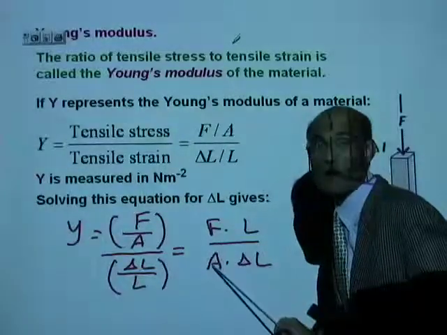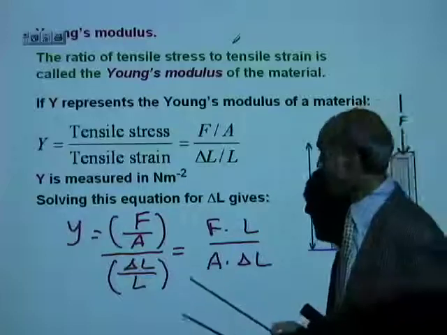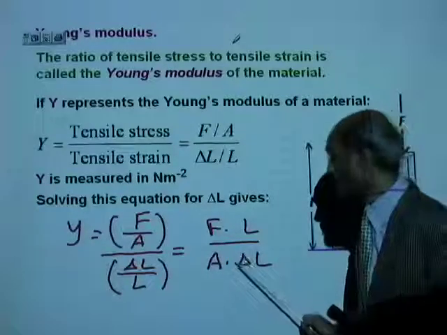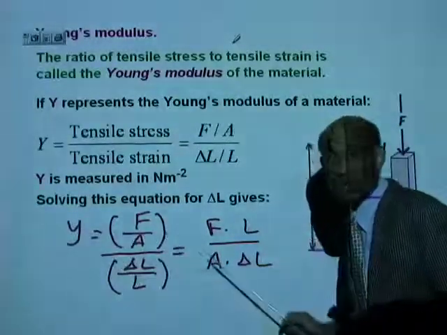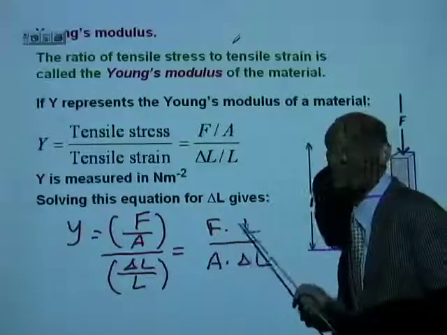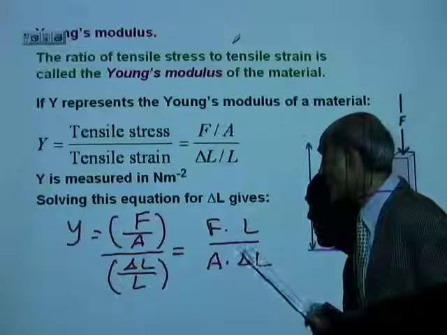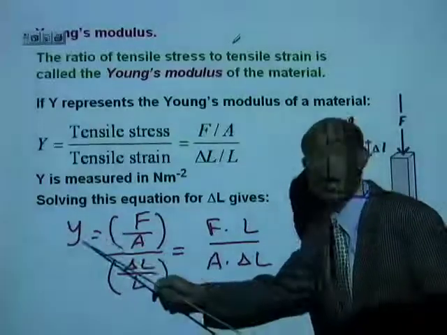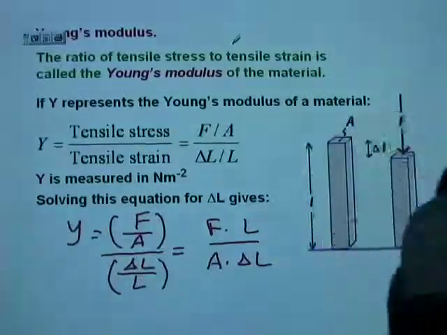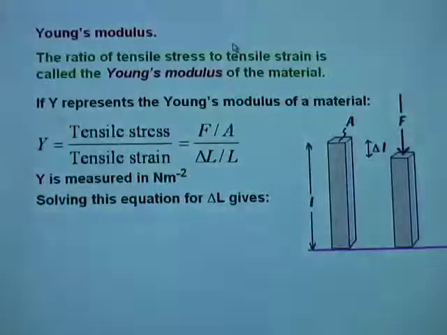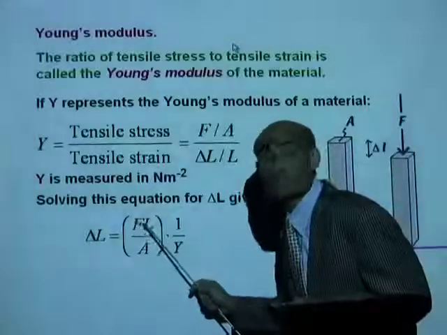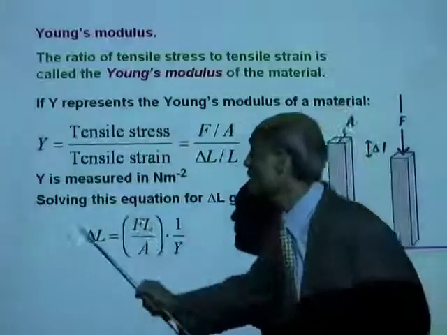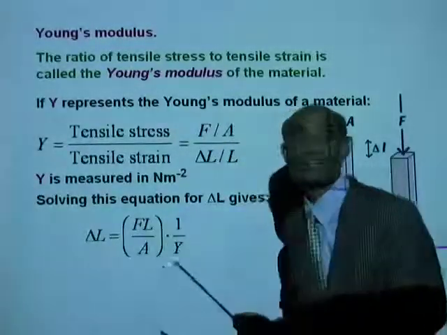Can you solve for delta L from here? Well, if you cross multiply, Y times A times delta L equals F times L. So delta L will be F times L divided by AY. Is that right? Okay, let's write that down. So delta L is F times L over A times 1 over Y. That is the change in length under this stress.